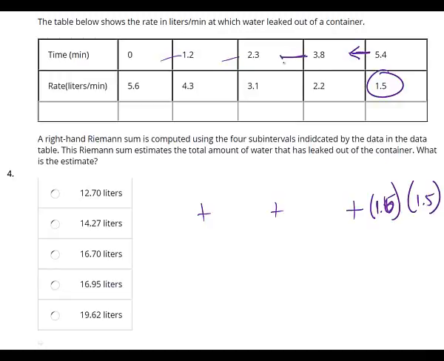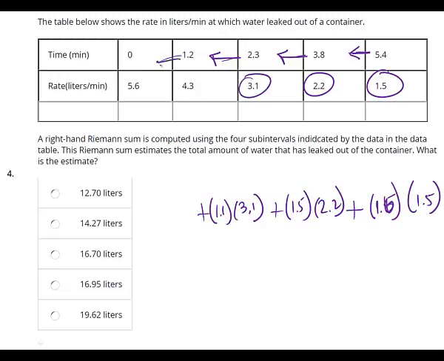The distance in between these two is 1.5, and the height I'm going to use is 2.2. Distance in between is 1.1, and the height I'm going to use is 3.1. Distance in between is 1.2. Height we're going to use is 4.3.